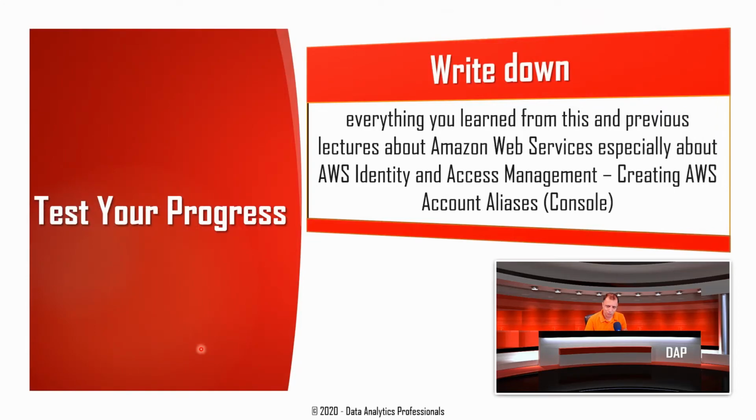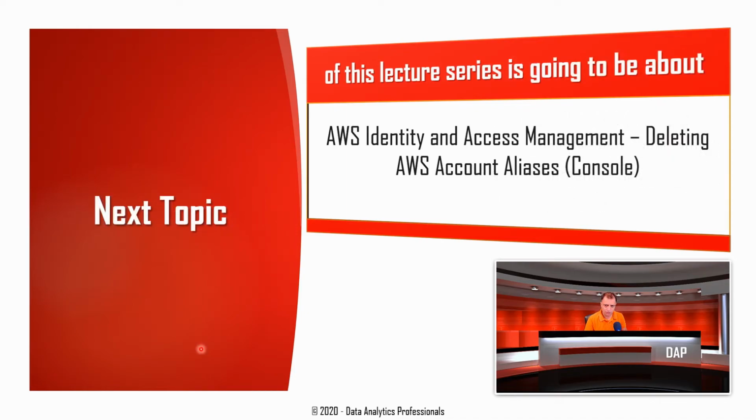This was our lecture, very short and sweet, and there is a test your progress exercise: write down everything you learned from this and the previous lectures about AWS, especially about AWS Identity and Access Management. Here especially we learned how to create AWS account aliases through the console. The next topic of this lecture series is going to be deleting an AWS account alias, in case you want to change it or delete it.